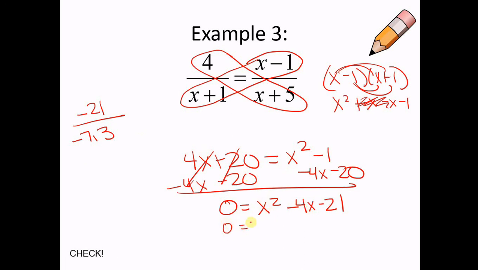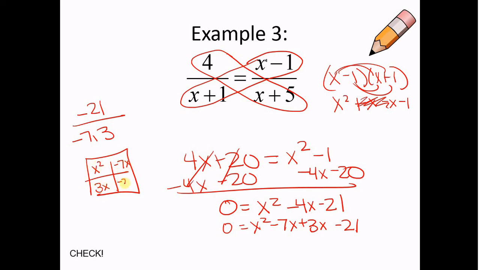So let's rewrite that inside here. So I'll have x squared minus 7x, a positive 3x, and a negative 21. So I got an x, a negative 7, and a 3. It looks like x minus 7, x plus 3.